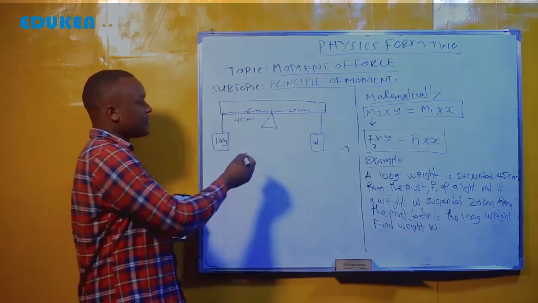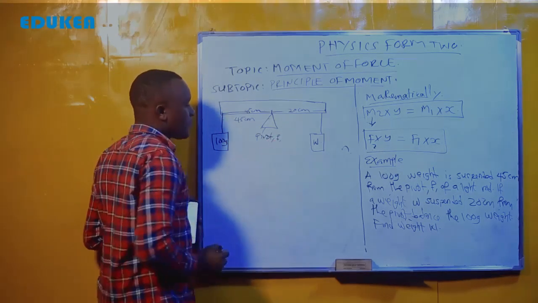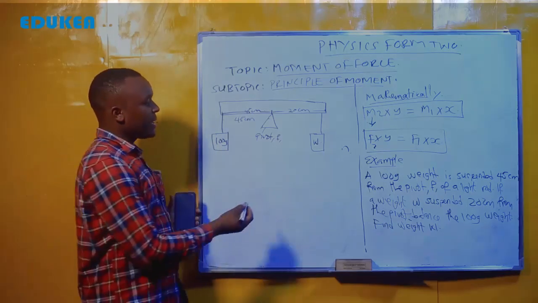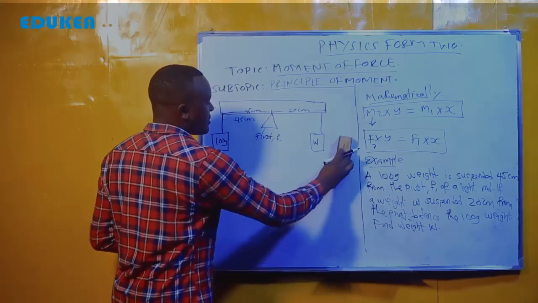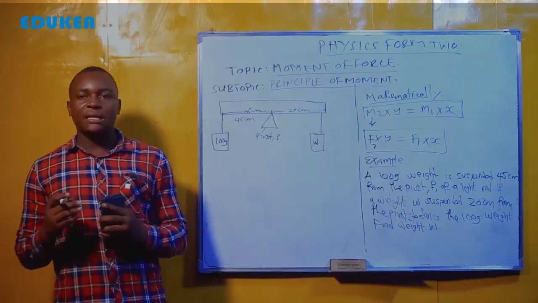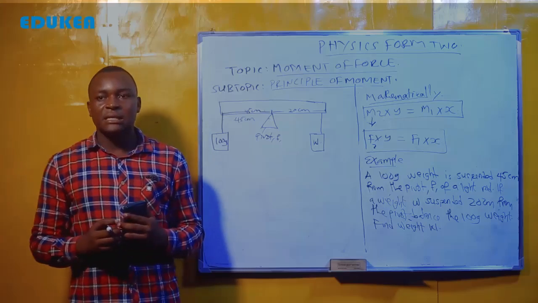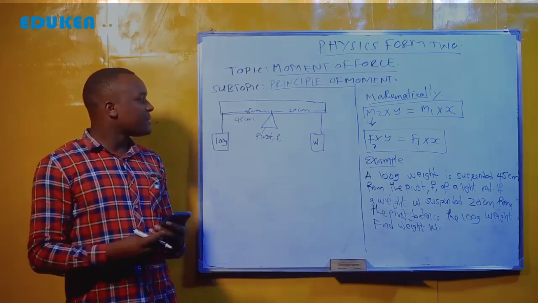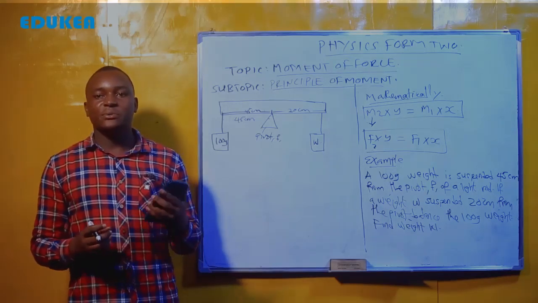This one is the pivot. So now, from the principle of moment, we are required to find the weight W in order for the system to be in equilibrium. The principle of moment states that when the system is in equilibrium, the sum of clockwise moment is equal to the sum of anti-clockwise moment.